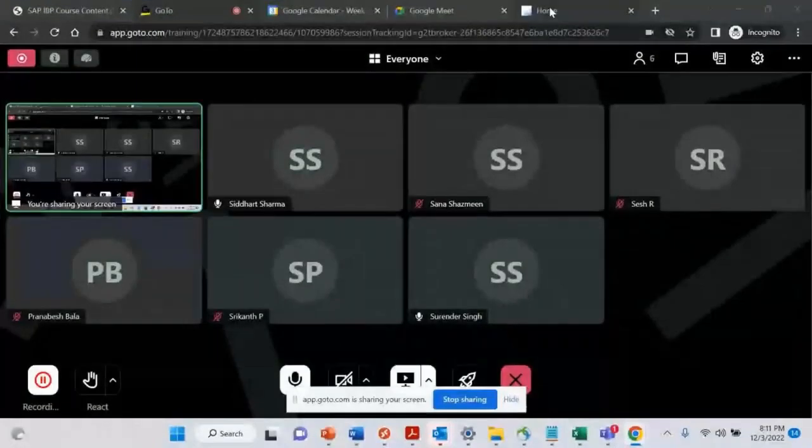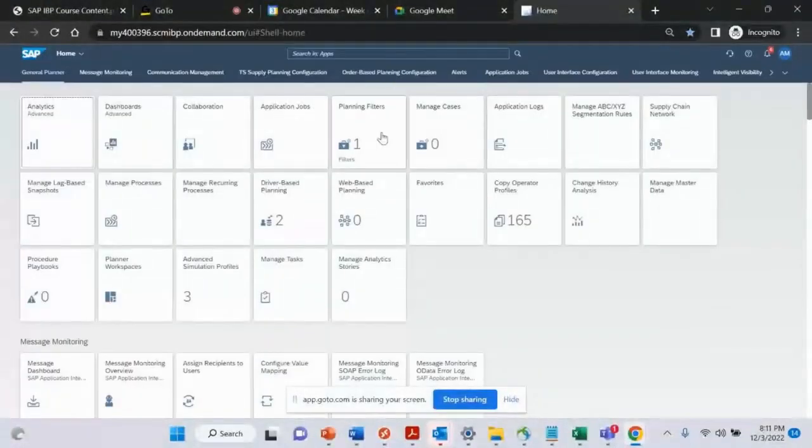So let me share. This is what the IBP UI looks like. This is the IBP user interface, the web UI.